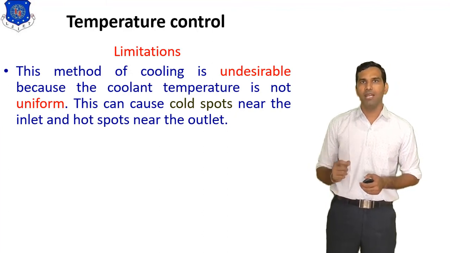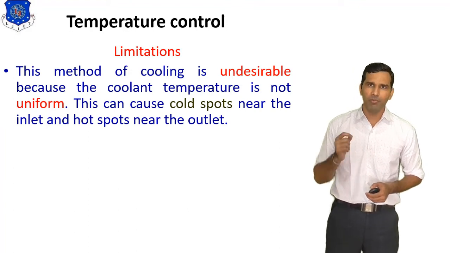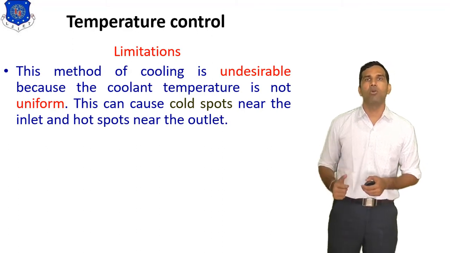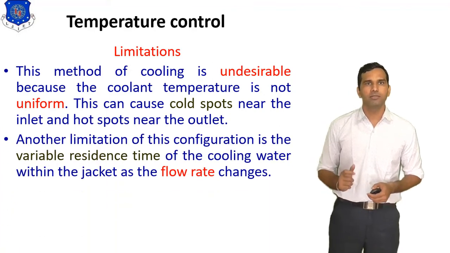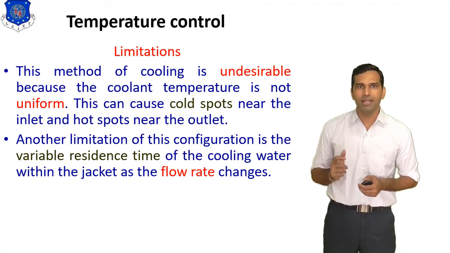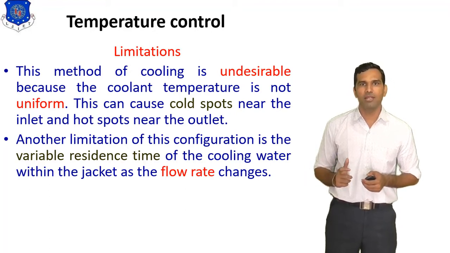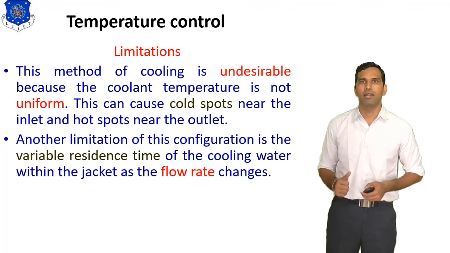This is the main disadvantage of the previous method. The second limitation of this configuration is the variable residence time of the cooling water within the jacket as the flow rate changes.